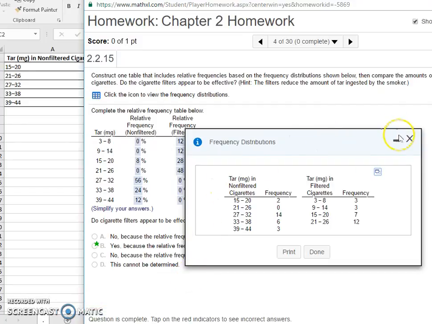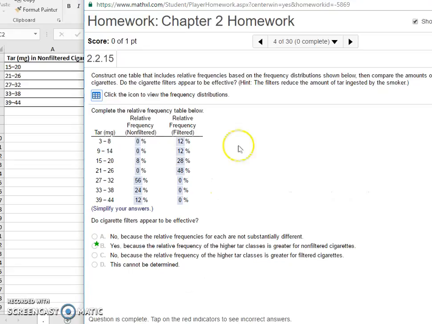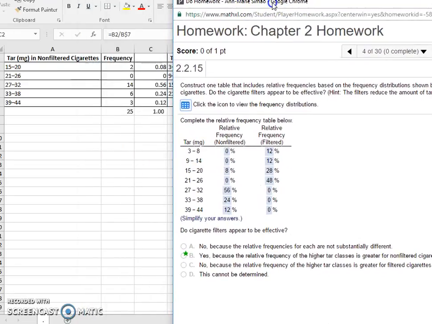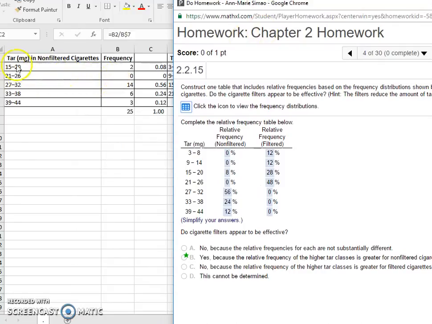When I come back to my homework, what I'm going to see here is I have to double check all my pieces along the way. You notice my first class here is 15 to 20. That means I have 0 non-filtered in 3 to 8. I have 0 non-filtered in 9 to 14.